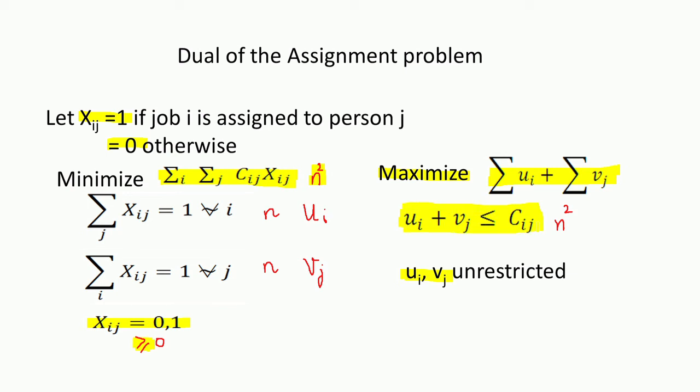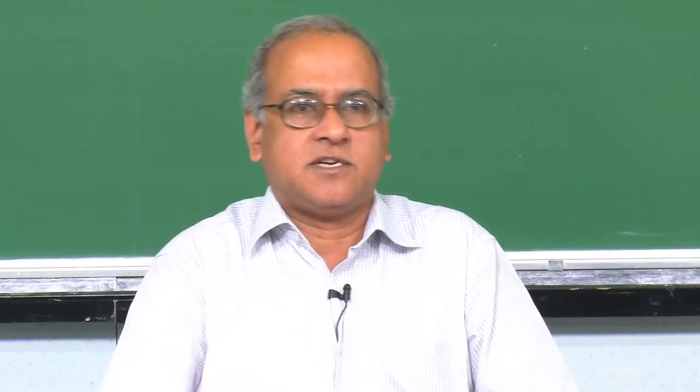It is also not surprising because the assignment problem is a special case of a transportation problem. We have already seen that the assignment problem is a transportation problem with an equal number of supply points and demand points, and each supply and each demand having one unit. The most important thing is this ui plus vj less than or equal to cij, and we will use this and we will show how we have actually used this.